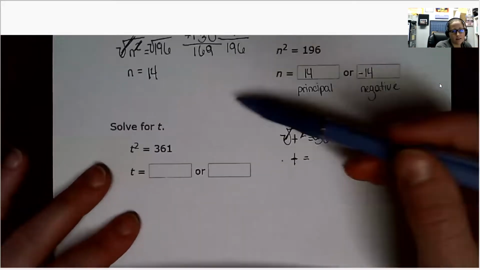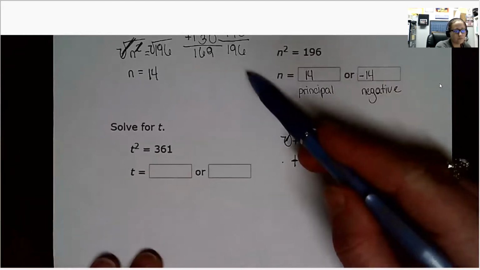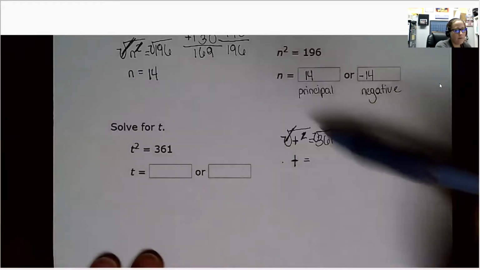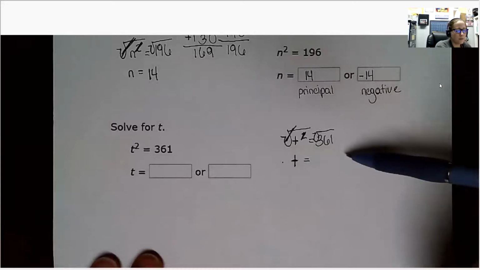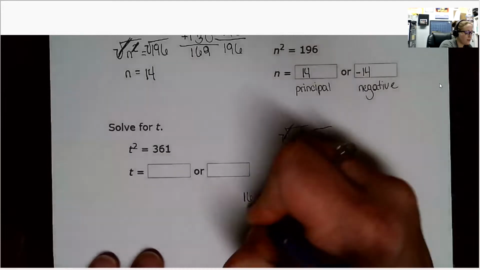All right, so we know that the square root of 196 was 14. So we know it's going to be much higher than 14. A couple numbers higher than 14. We could probably look at this and say it's probably not going to be 15. So let's just go ahead and try 16.